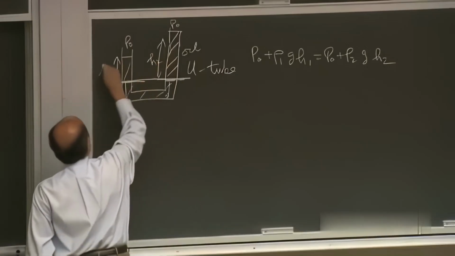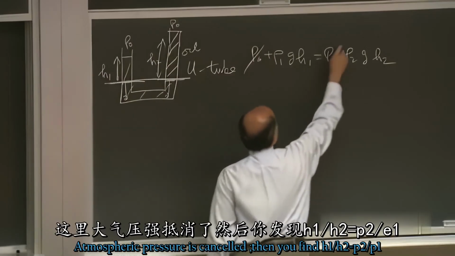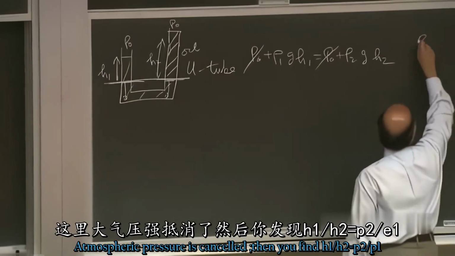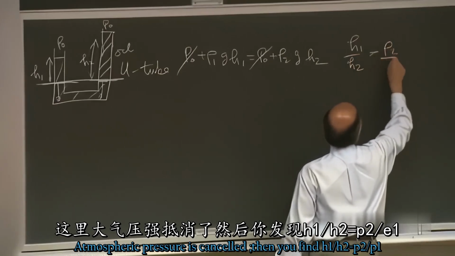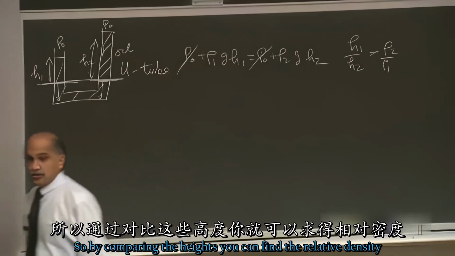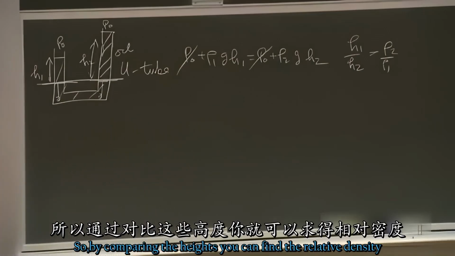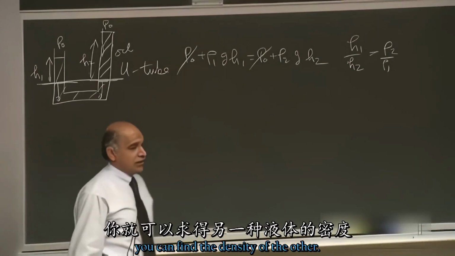The first fluid, the height is h1. The densities are rho1 and rho2. Atmospheric pressures cancel. Then you find h1 over h2 is equal to rho2 over rho1. So by comparing the heights, you can find the relative density. If you know the density of one fluid, such as water, you can find the density of the other.